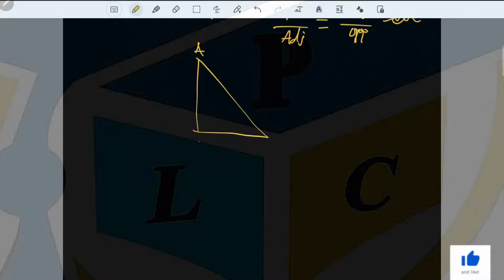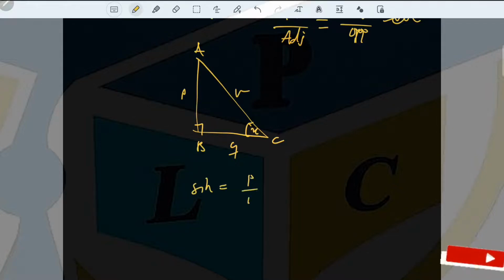Here is A, here is B, here is C, here is 90, here is angle X. Let's say here is P, Q, and R. Is that clear? So here sine X, if I'm considering X, is going to be P over R. Let's say equation 1.